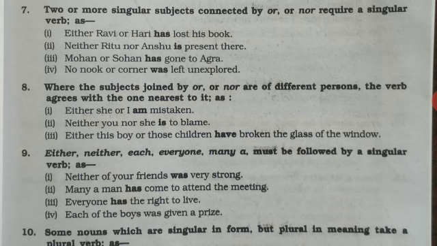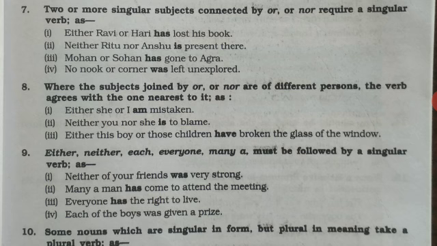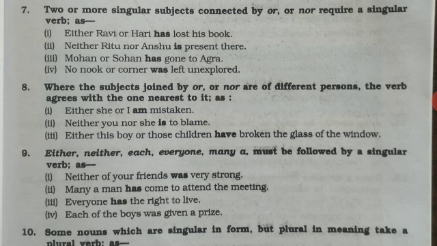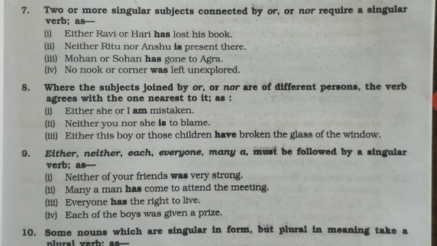Many a man has to attend the meeting. Many a man has to attend a meeting is a singular, right? Everyone has the right to live. Each of the boys was given a prize.